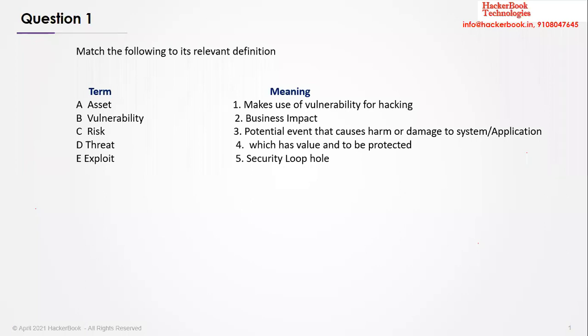Asset. What is the meaning of the asset? Makes use of vulnerability, business impact, potential event, which has value and to be protected, a security. If you don't know the asset, go to the vulnerability, see the mapping like that.